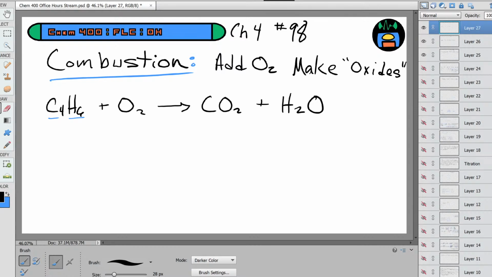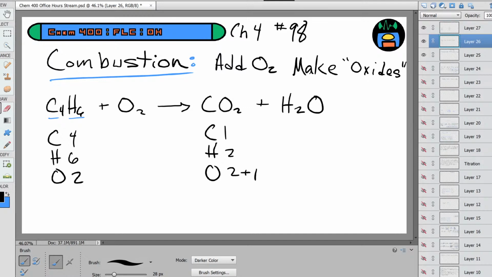We can now balance this equation. We've got carbon, hydrogen, and oxygen on both sides of this reaction. To balance carbon, we multiply carbon dioxide by 4.